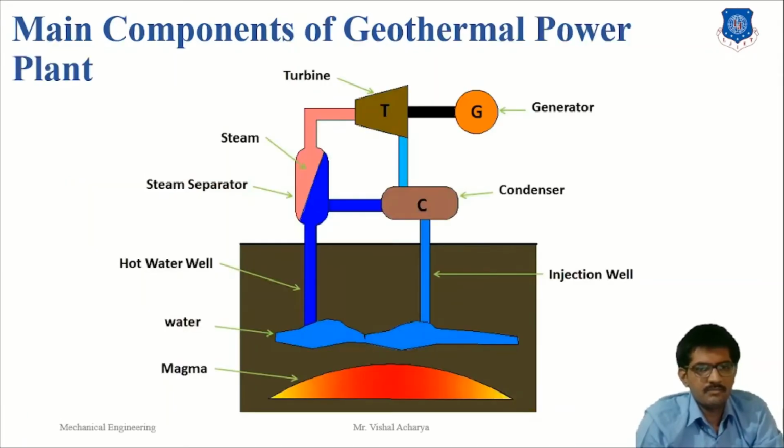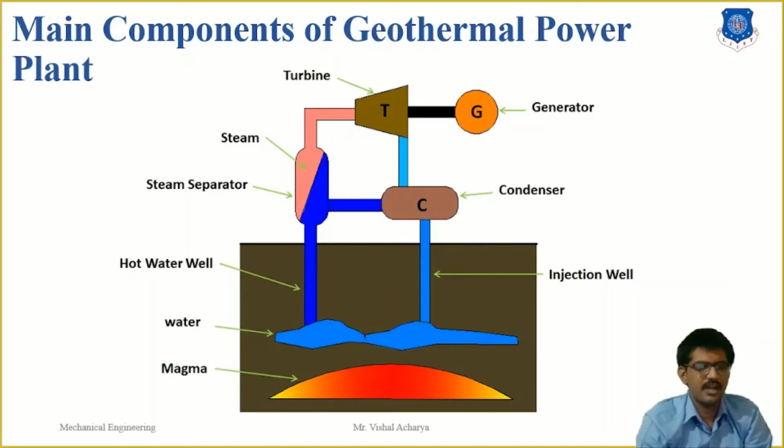The main components of a geothermal power plant are the source, steam separator, steam turbine, generator, condenser, injection valve, etc. First is the hydrothermal resources. It is a source which has both heat and water.